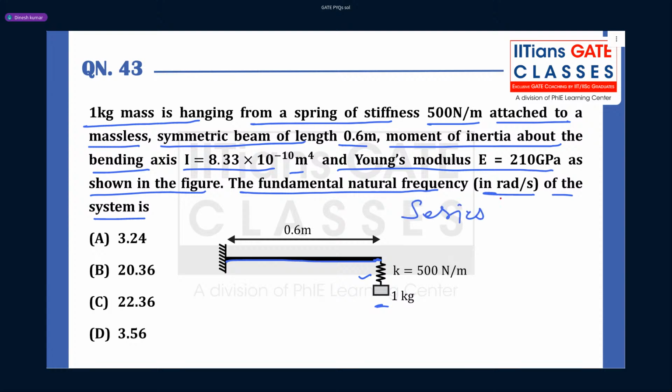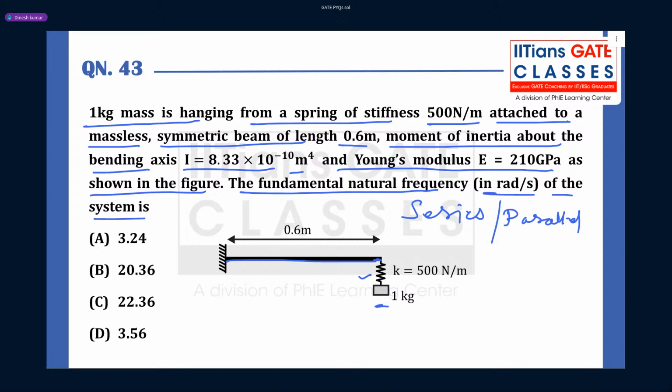Can anybody answer? Sahil, Swastik. It is in series, right?